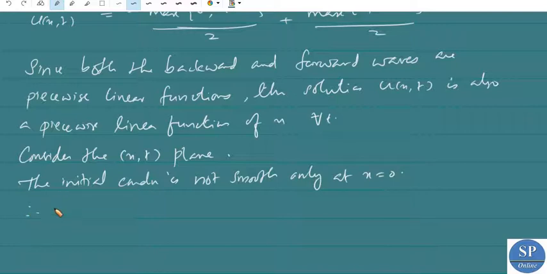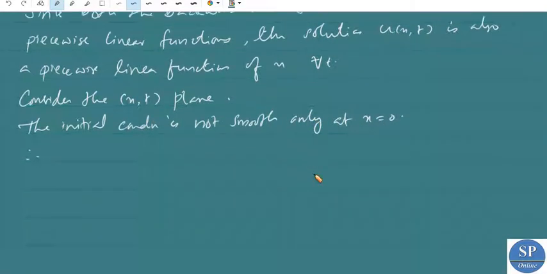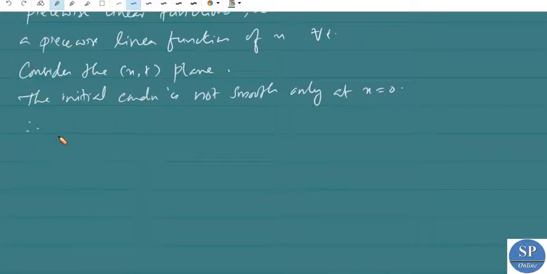So we are going to draw the characteristics in the xt plane emanating from x equals 0. The characteristics are given by x plus or minus t. Here c equal to 1, so x plus or minus t equals some constant. At x equals 0, the initial condition t equal to 0, x equal to 0, implies we have this k equal to 0.